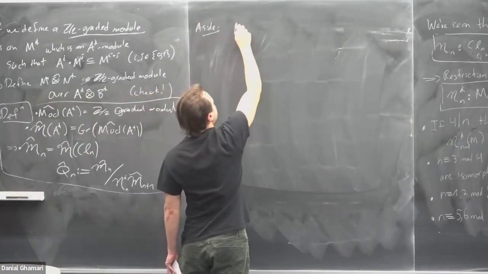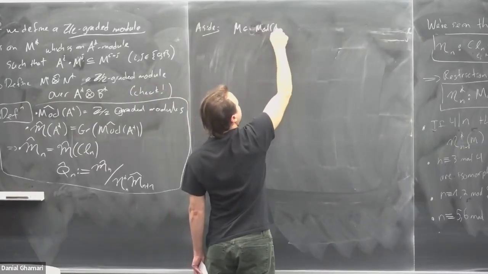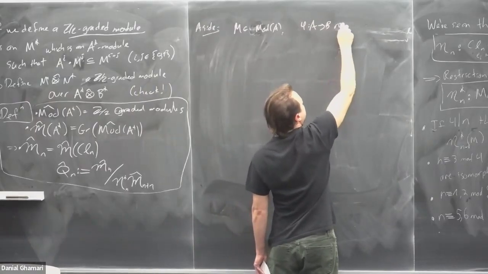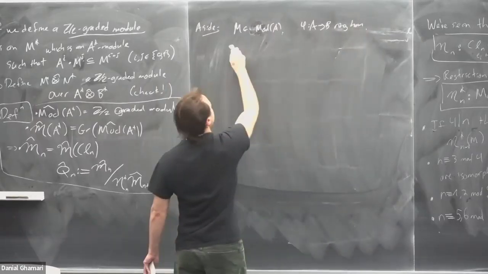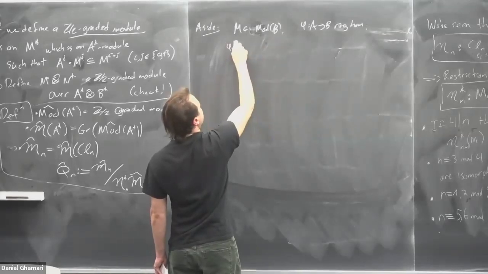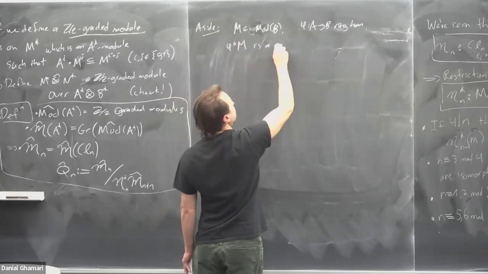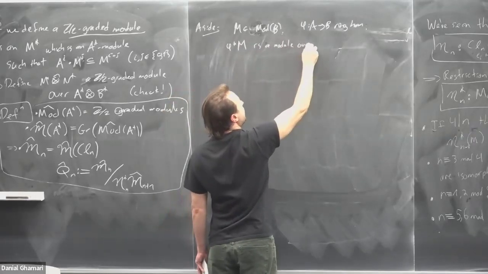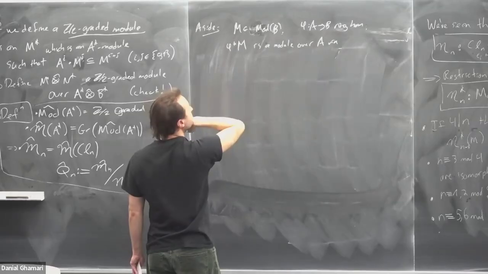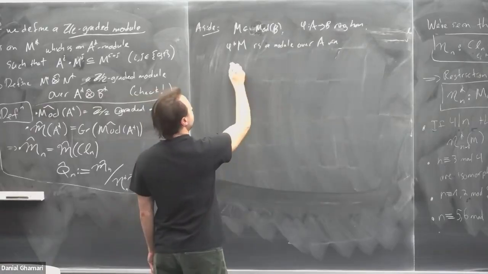So if M is in A mod, and we have a homomorphism from A to B, then it's a module over B, and phi star of M is a module over A via, so what am I going to say?